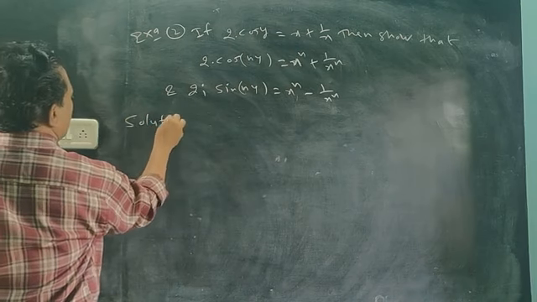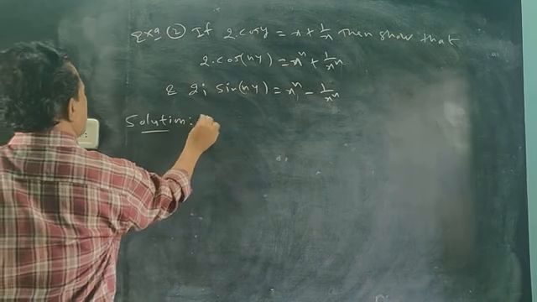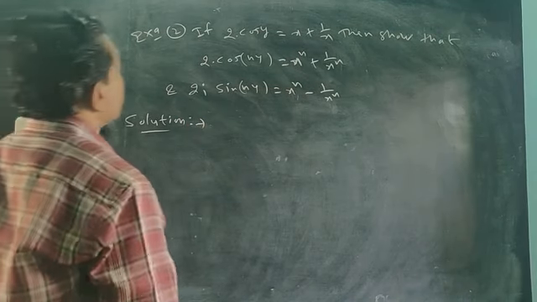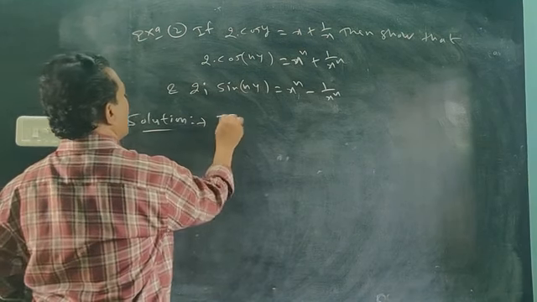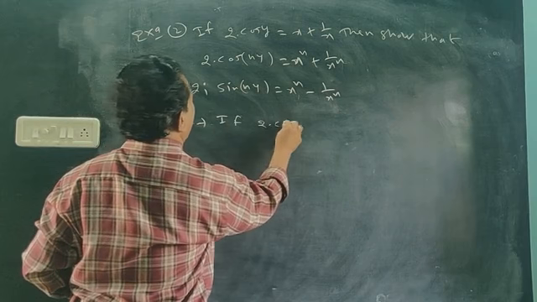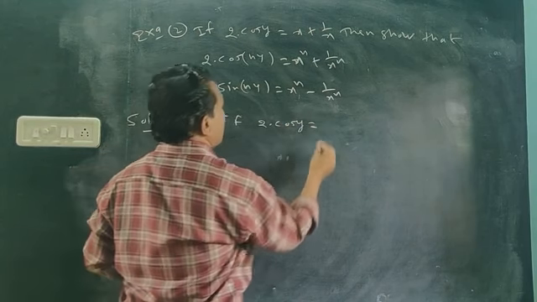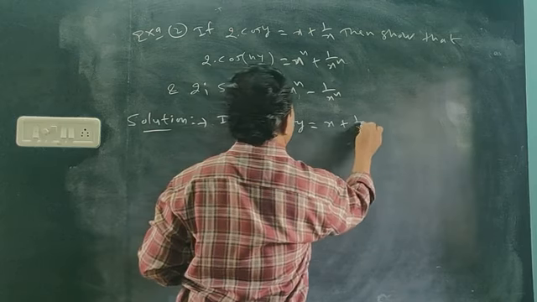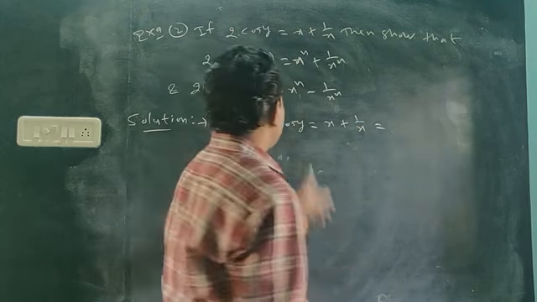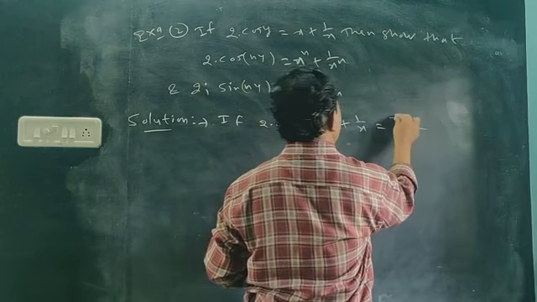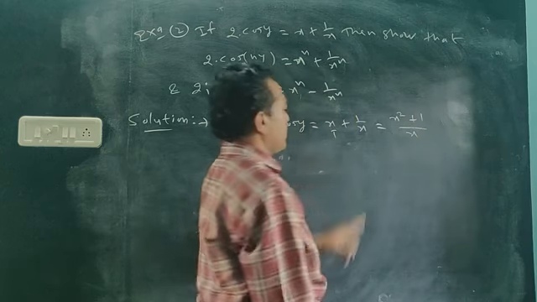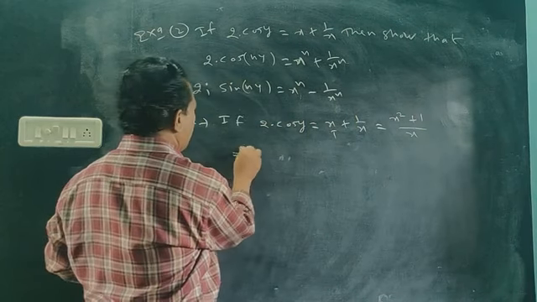Okay, a problem of De Moivre's theorem or Euler's formula. So given 2 cos y equals x plus 1 by x. Taking the LCM, x into x square plus 1, multiply on the left side.